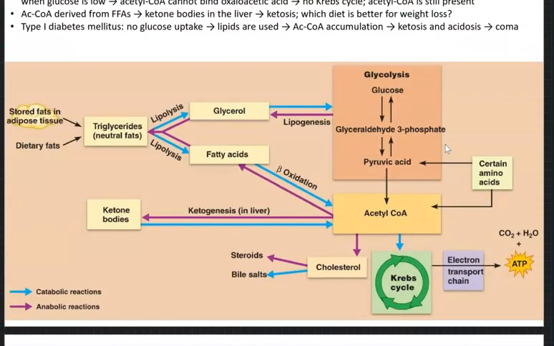We're going to try to link, hear me out, this is going to be something of practical interest for you, the breakdown of glucose and the breakdown of fats. What I'm going to focus on first is the situation when you have a lot of food.